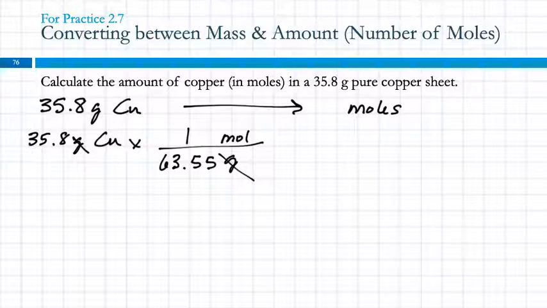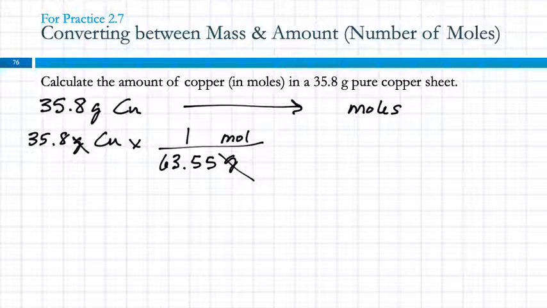I'm just interested in how many moles. So this would be like, I've got 500 pounds of eggs, and each dozen eggs weighs, well, let's say I have 10 pounds of eggs, and each dozen weighs 1 pound. How many dozen do I have? That's the sort of calculation we're doing here.